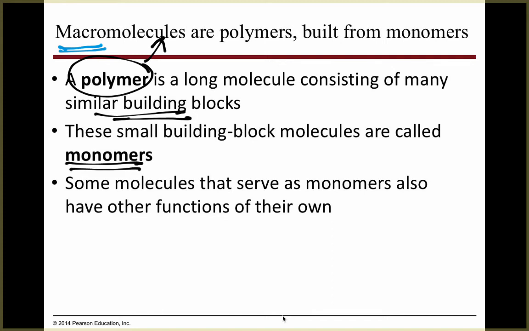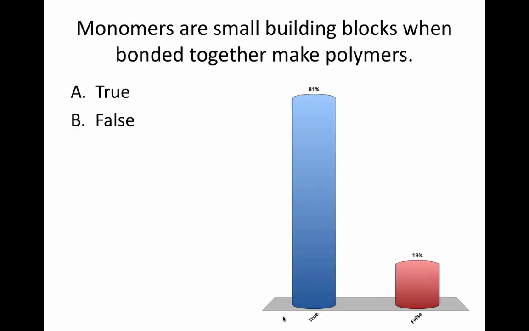So not all the biomolecules that we're going to talk about have monomers, but a majority of them do. And these, just to remind you, are these small building blocks. And I like to put these up to help you think about it, and these could be right or wrong, right?